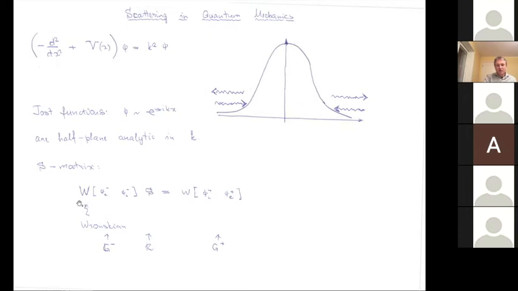Well, one can just write this definition of this matrix as the relationship between Wronskian matrices built on the Jost functions. But one of the fundamental properties of the Jost functions is that they are half-plane analytic in the momentum. And so this formula is an example of analytic factorization.